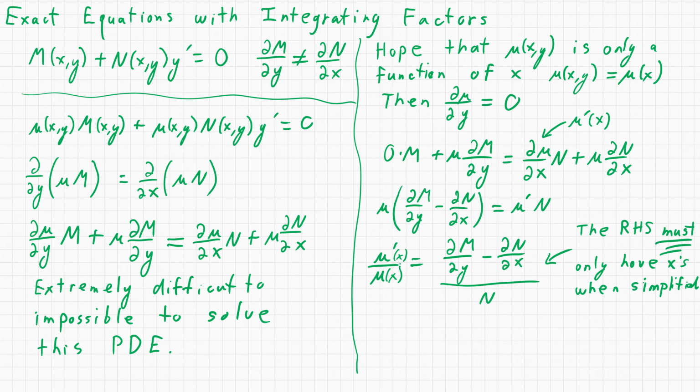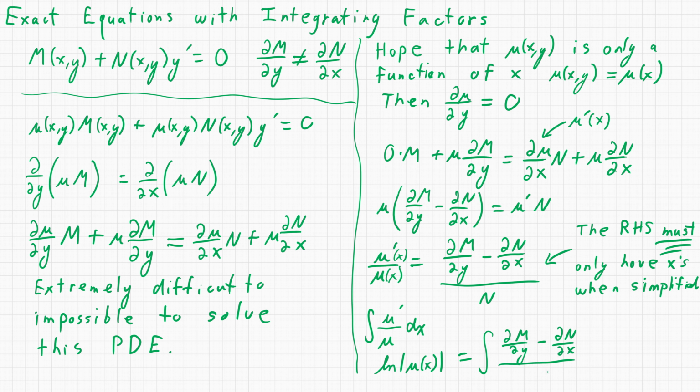On the other side, I can't plug in anything since I didn't give you a specific equation, but this is the indefinite integral of partial M partial y minus partial N partial x over the function N dx. Hopefully it's solvable and we can solve for mu, and then use that to make the equation exact and then solve that new exact equation.